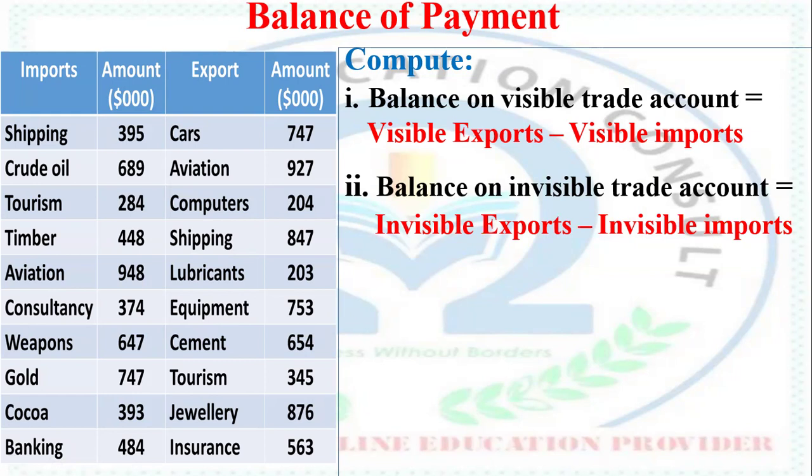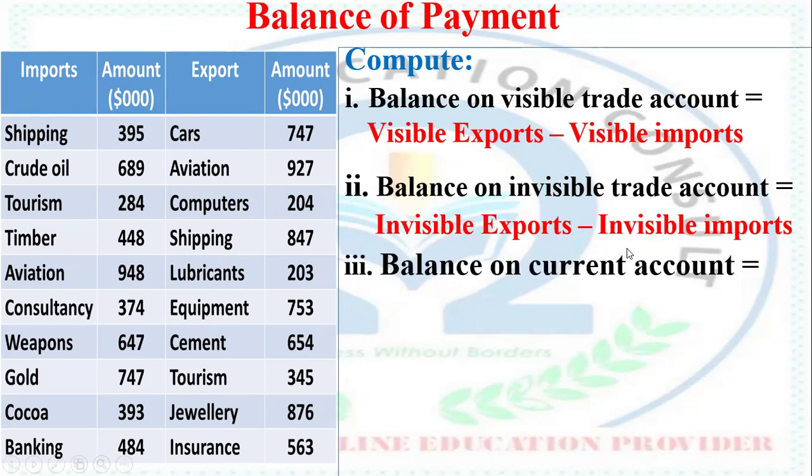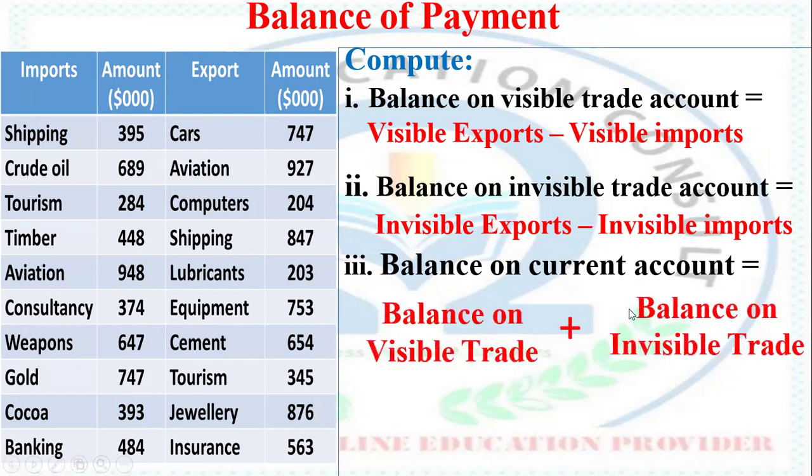Then we also compute the balance on current account. And the formula for computing the balance on current account is the balance on visible trade plus the balance on invisible trade.